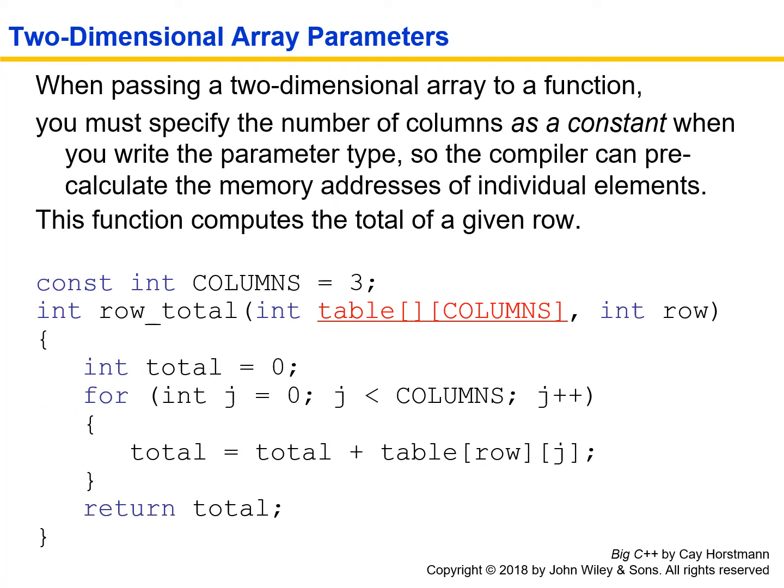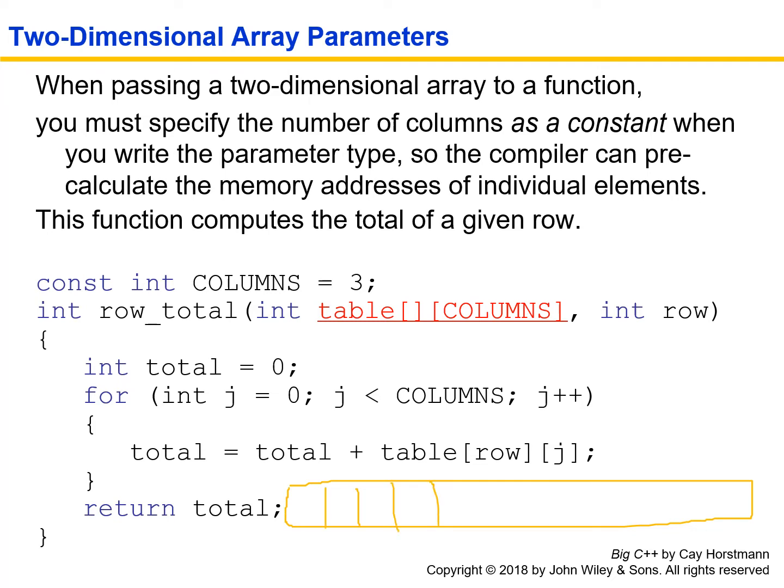Okay, now if you need to pass a two-dimensional array to a function, it gets more complicated. You have to tell the function how many columns the array is going to have, and you have to do that at compile time, not at runtime, because when you look at an array in a computer, what you've really got is a long list of memory boxes that are just partitioned one after the other.